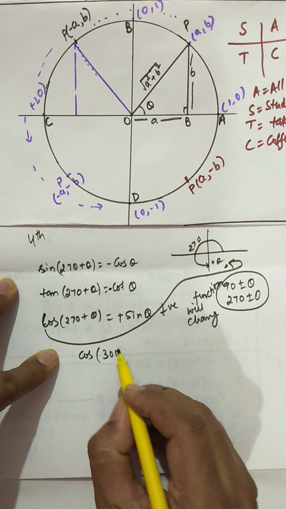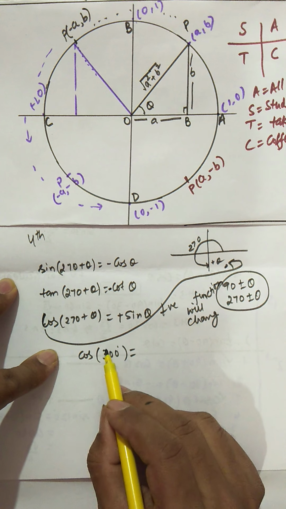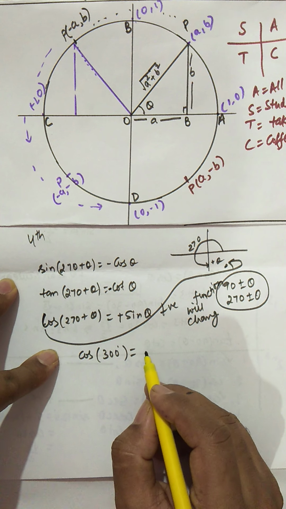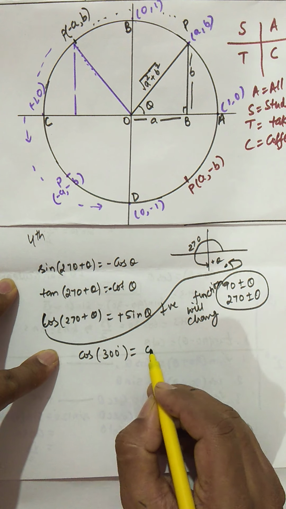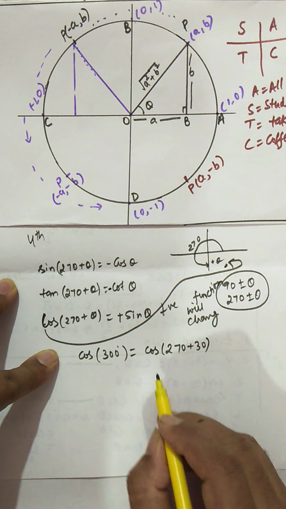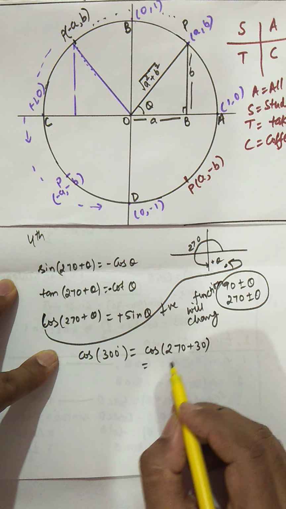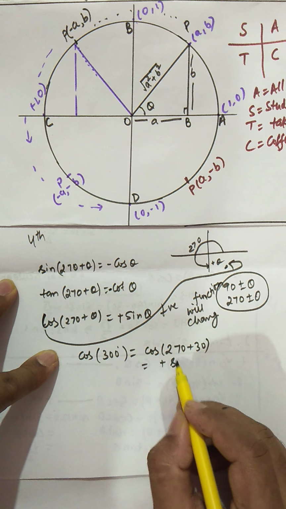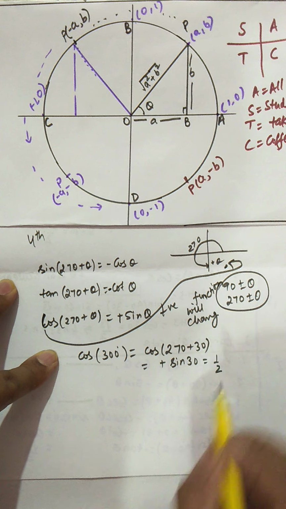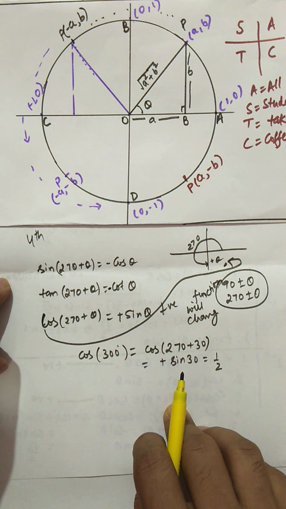If I want to find the value of cos 300 degree, I know this 300 degree is in the fourth quadrant, so I automatically can write the plus sign. But I am writing it this way now, 270 plus 30. Since it is 270, the function will change, so it can be written as sine theta. Sine 30 is 1 by 2. So you can see the value this way also.